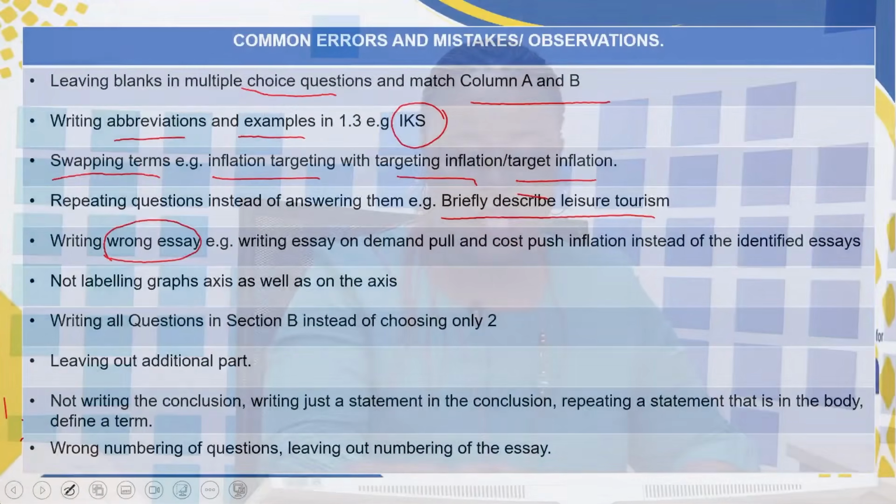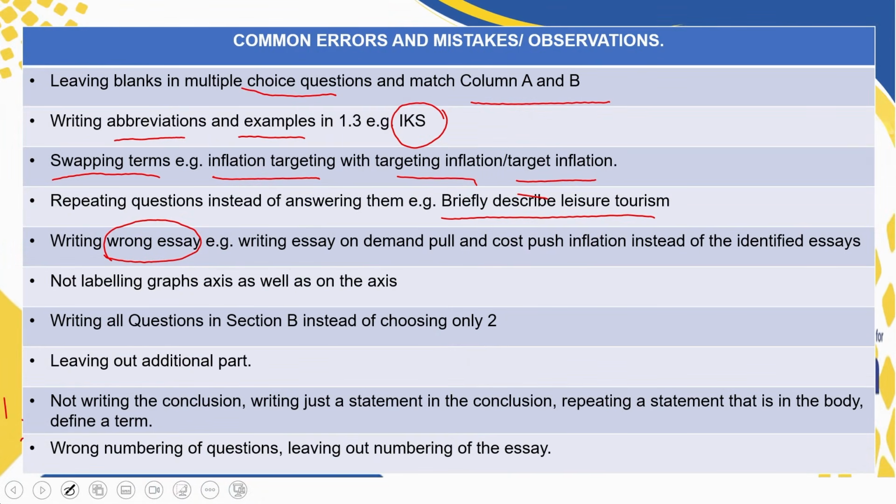Maybe the essay is talking about the consequences of inflation or the measures to combat inflation. Now, you go ahead and talk about the causes of inflation, the demand pull inflation and the cost push inflation, instead of writing the essay that is given there. That is a common problem.